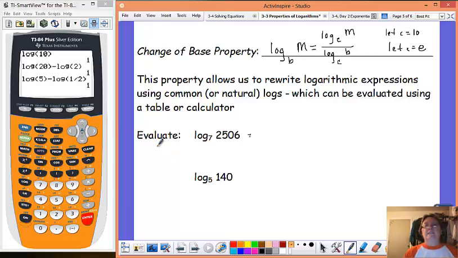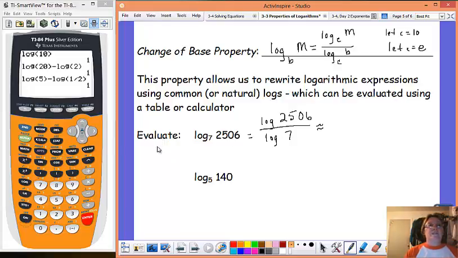So let's see how that goes here. The log base 7 of 2,506. According to the change of base property, if I choose my base to be 10, then I'd be working with common logs, and it would be the common log of the top number, 2,506, divided by the log of 7. Now, I don't know what those numbers are, but my calculator does.